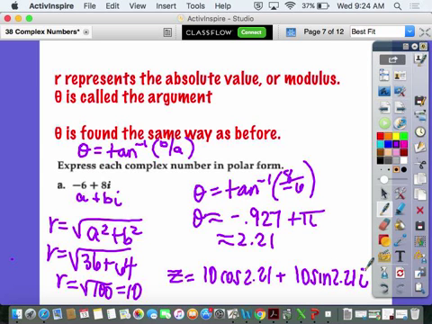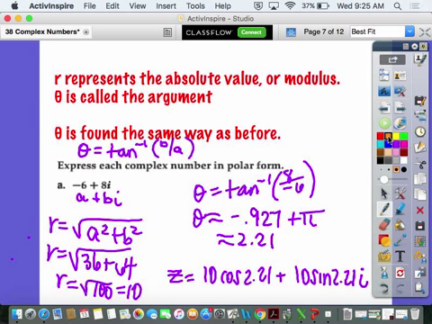And that's our answer. So we don't have to simplify? Basically, you're creating the equation.